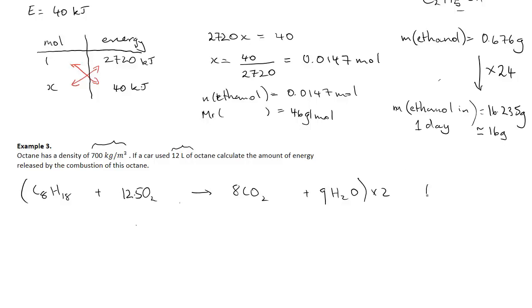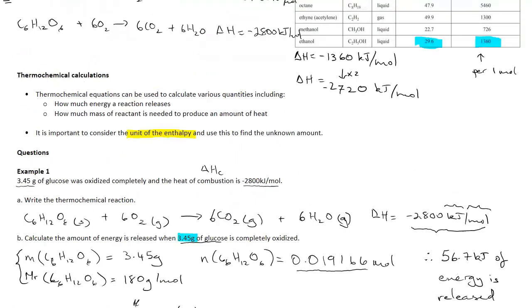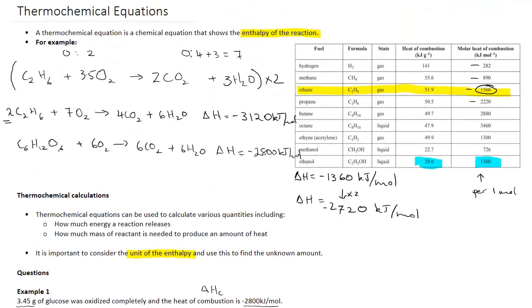And once again, whatever the delta H of the reaction is, we're going to have to take that value and times it by 2, because we have double the amount of octane. And I'll just get the value of delta H for octane.